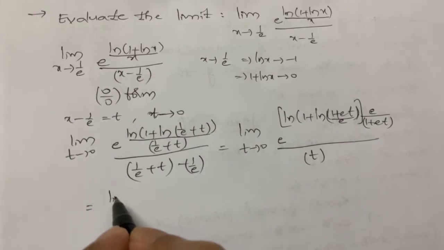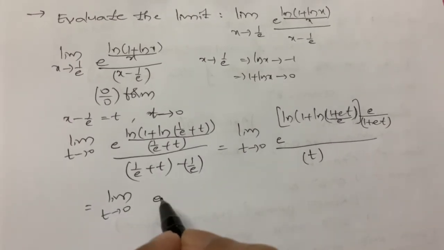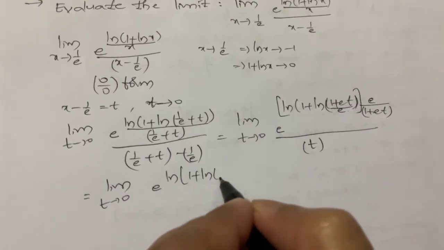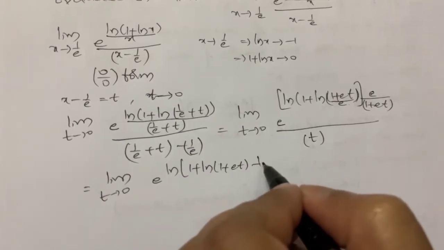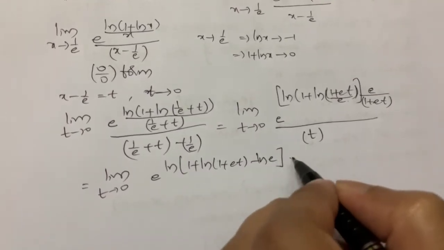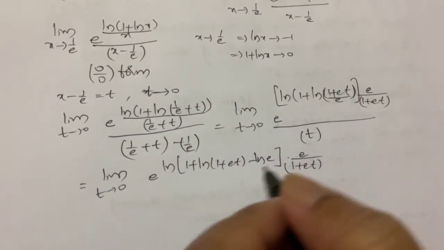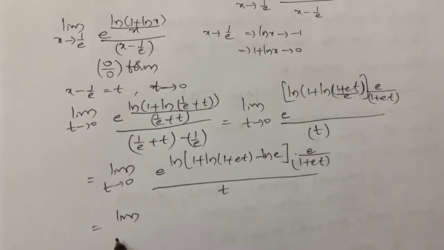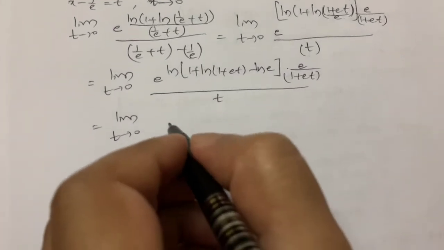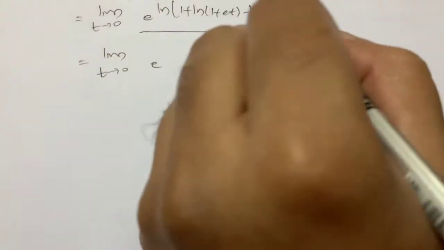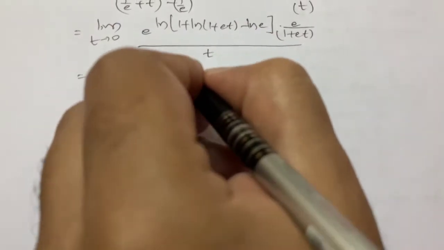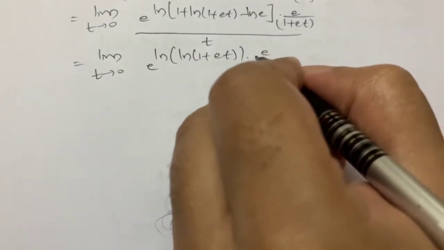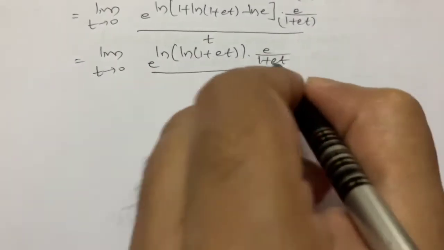Here ln(a/b) is ln a minus ln b, so we get ln(1 + ln(1 + et) − ln e) into e/(1 + et) by t. Now e^(ln e) is 1, so 1 minus 1 is 0, and we are left with ln(1 + et) into e/(1 + et) by t.